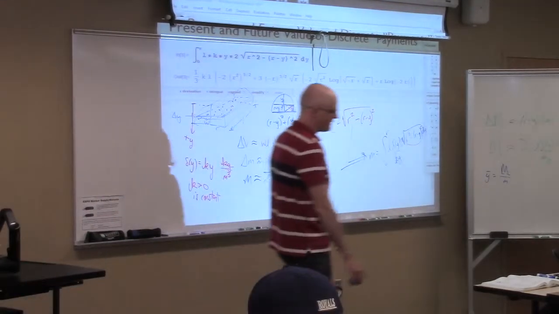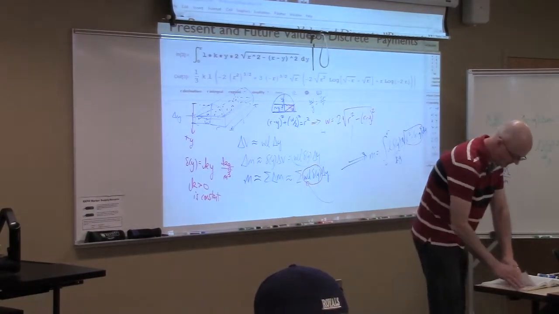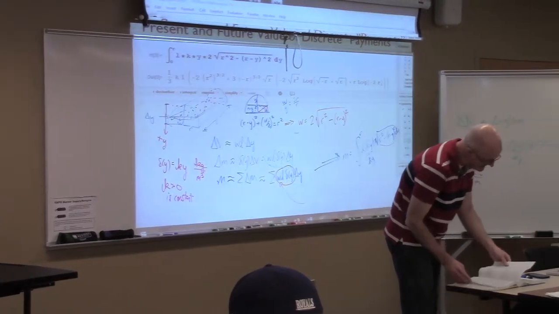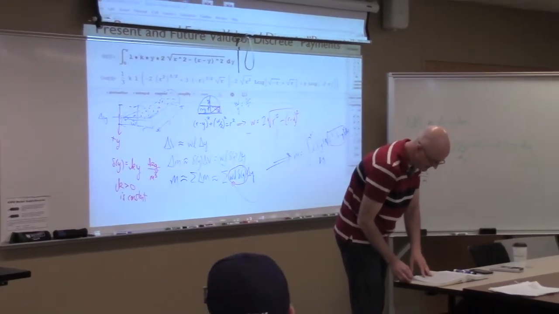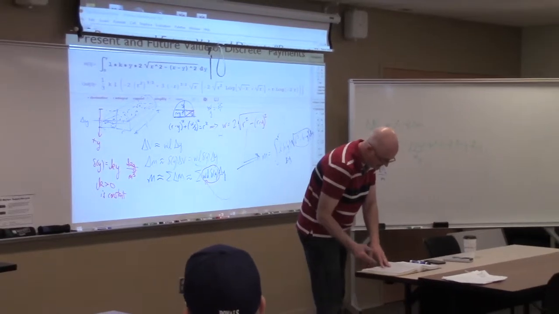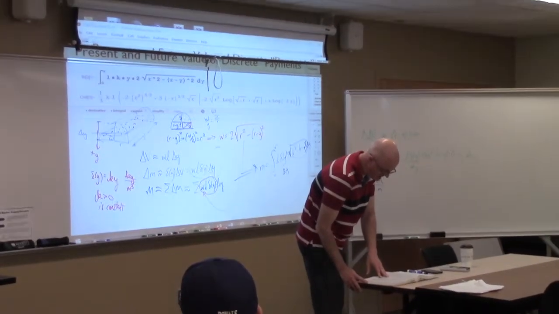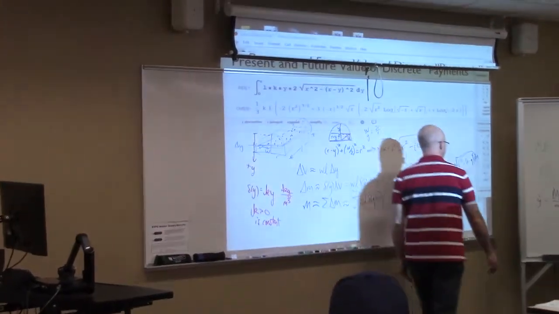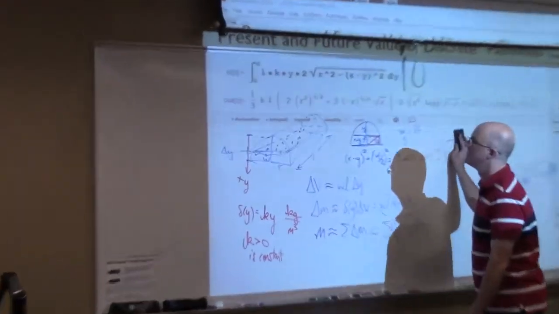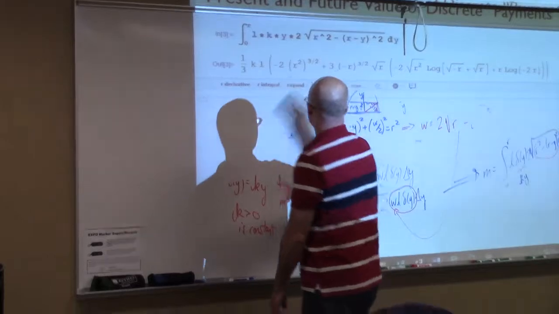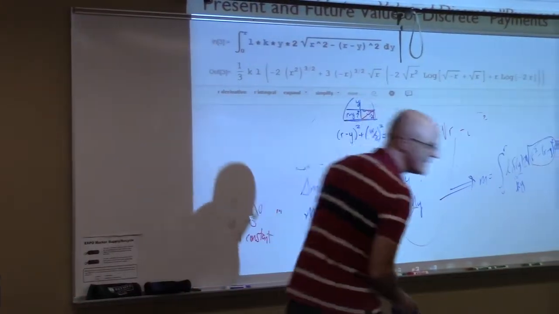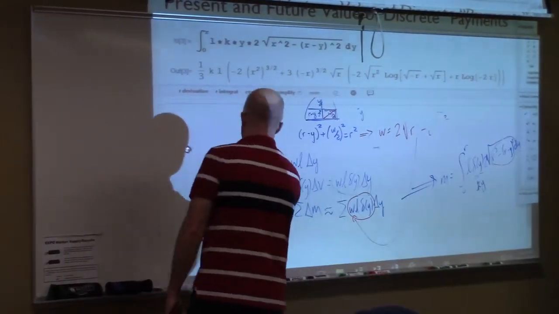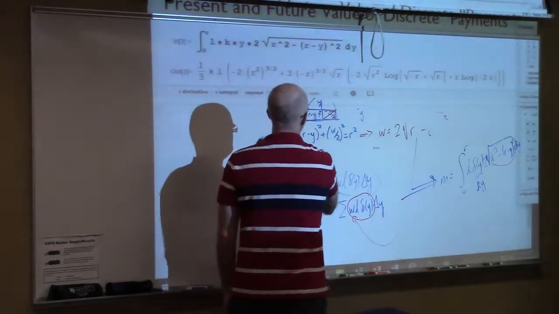Let's do another example. Let's make it an easier example, actually. I'm going to assign number 13. Let me do one like number 13. I think I better not assign number 19, huh?